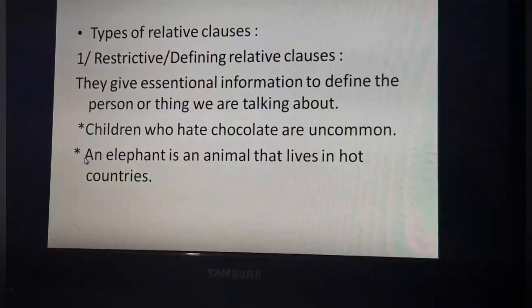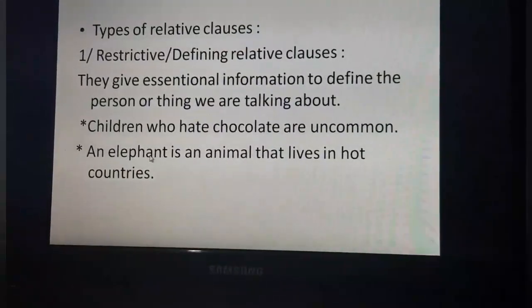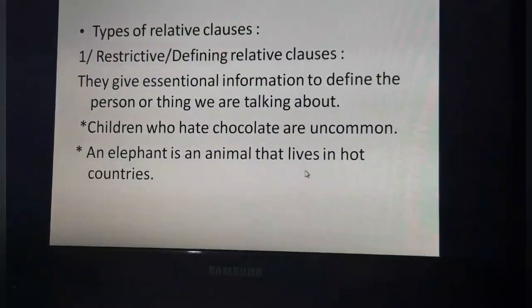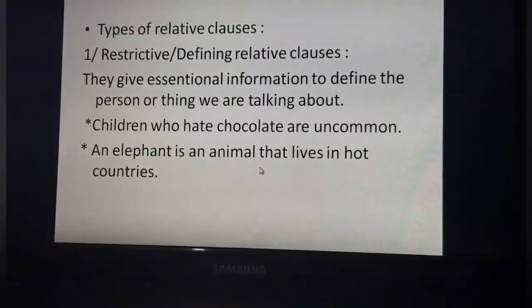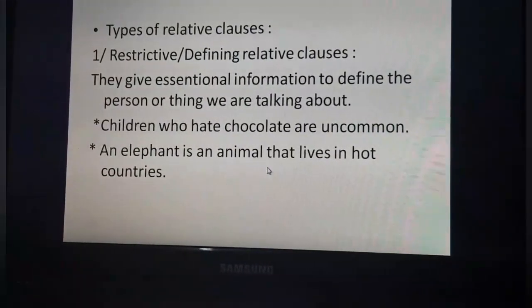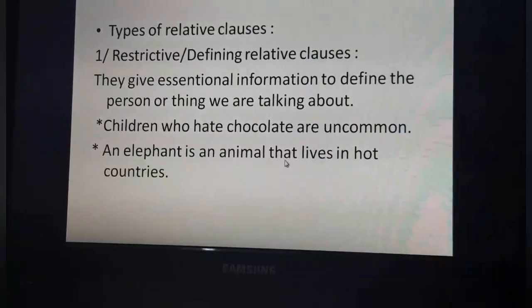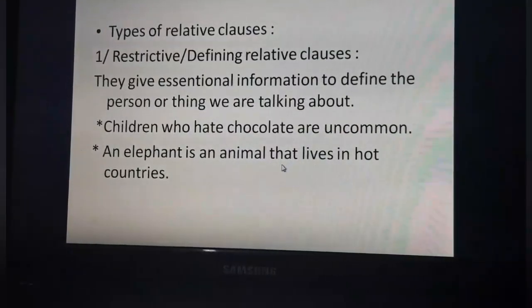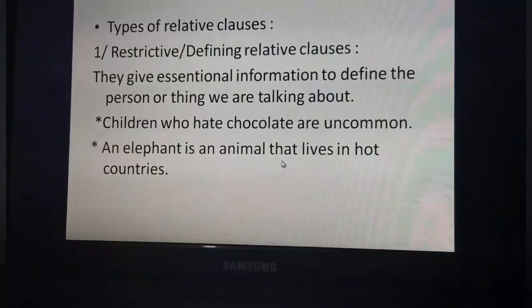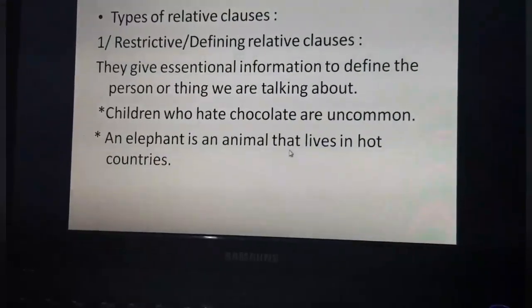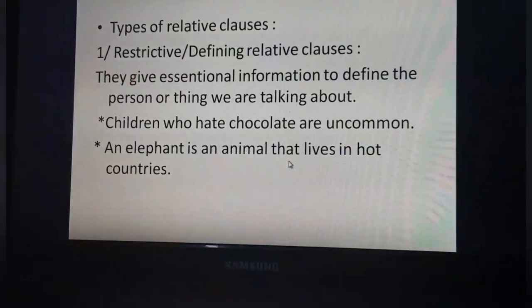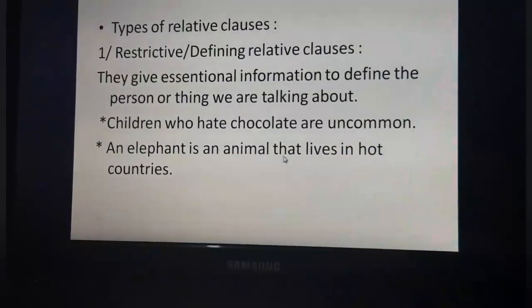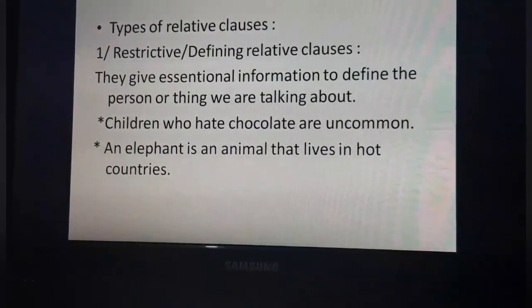Okay. Another example. An elephant is an animal that lives in hot countries. Okay. What is the relative pronoun here? Yes, it is that. That. It is different from who, which, where, etc. because it doesn't start by a WH, let's say, letters, but also it is a relative pronoun.